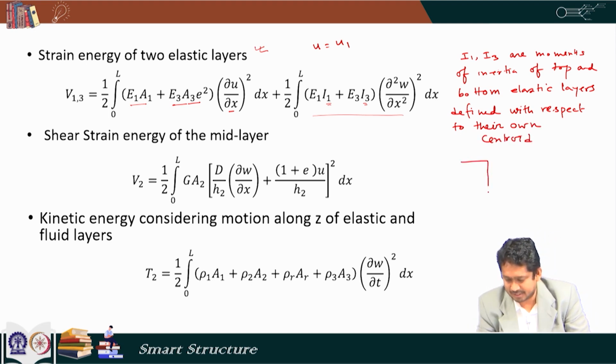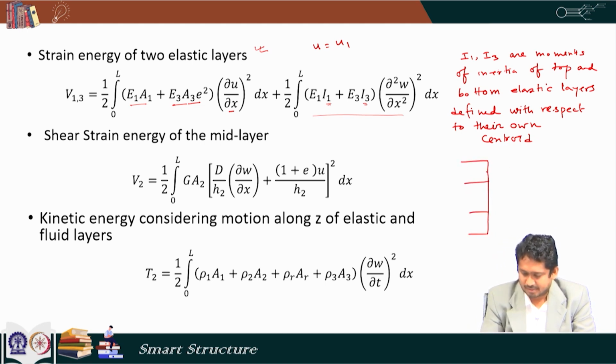Because we have seen that in these three layers, if I define the moment of inertia with respect to here, then I need to define the moment of inertia of this layer with respect to its own centroid and shift it using the parallel axis theorem. If I do that, then I am writing everything in terms of the centroid of the three layers combined.